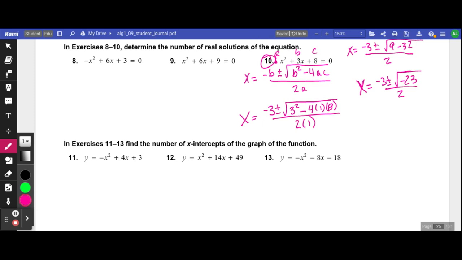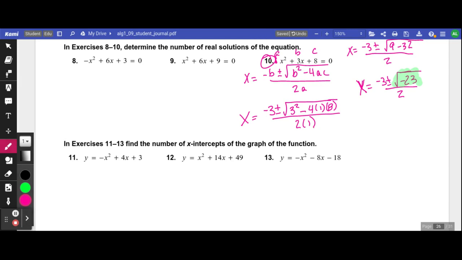This is kind of where you have to take a step back and think about my square roots. I have a square root of a negative number, right? Square roots of negative numbers don't really compute. Remember, you have to use imaginary numbers. We're not going to do all that. We see this, the square root of negative 23, and we don't have to do any more calculations.